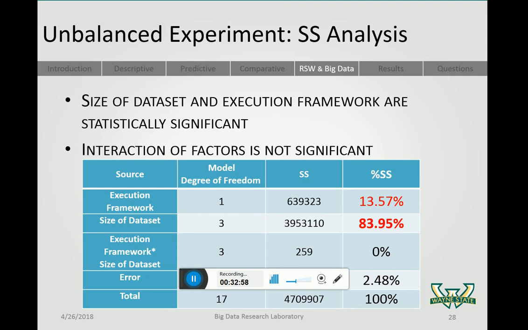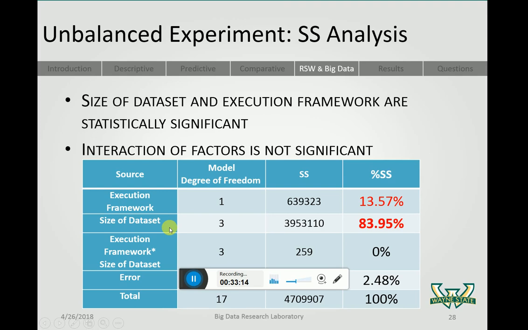For the case of unbalanced experiments, we can use sum of squares analysis. Sum of squares analysis reveals that a huge portion of the sum of squared errors is due to size of dataset.